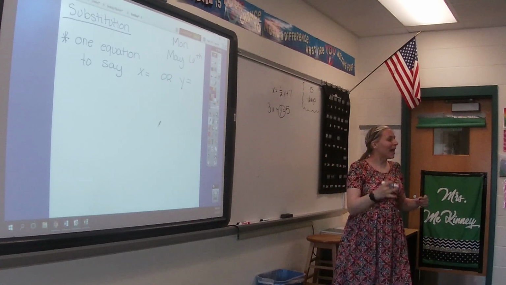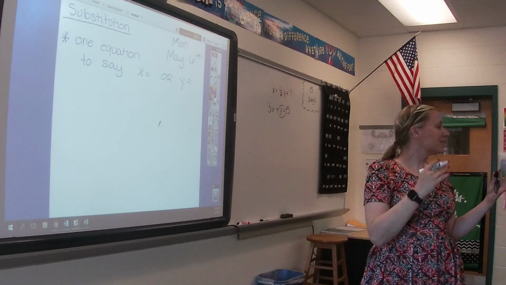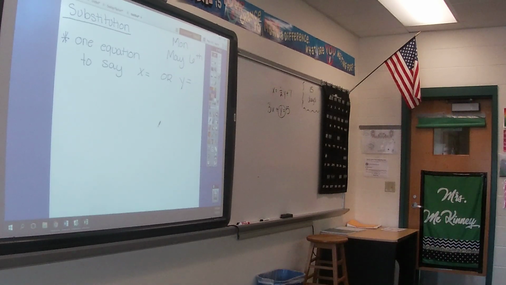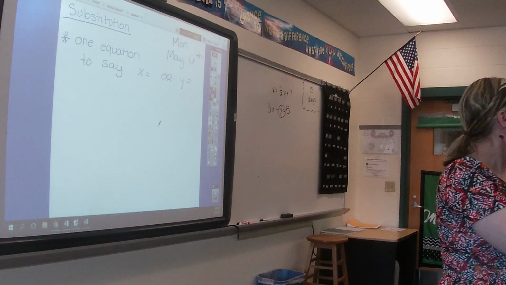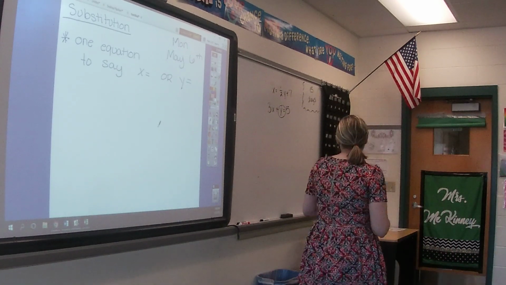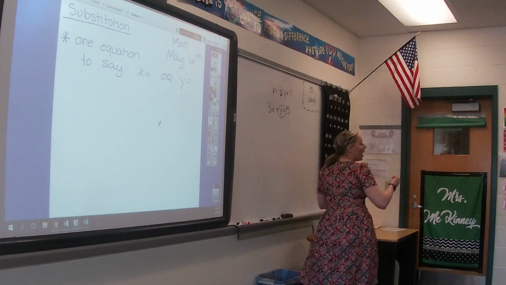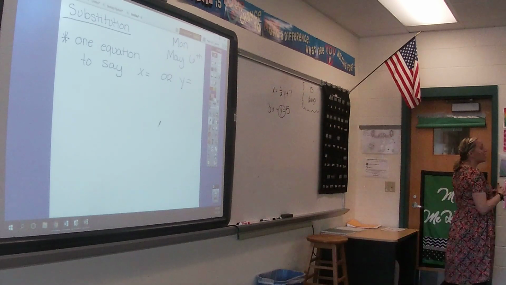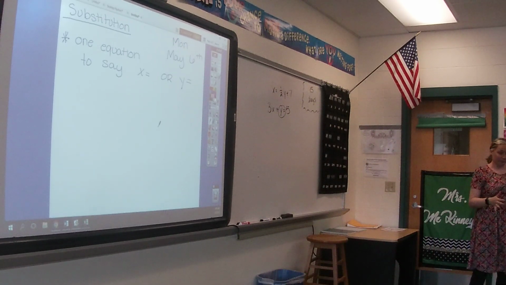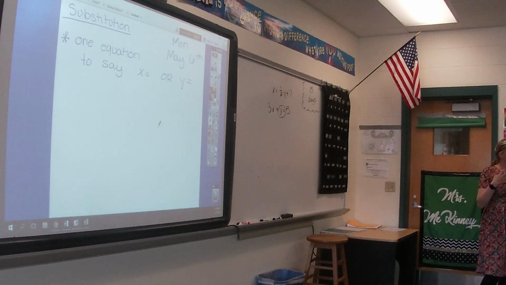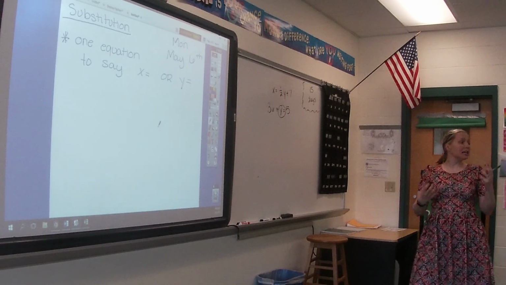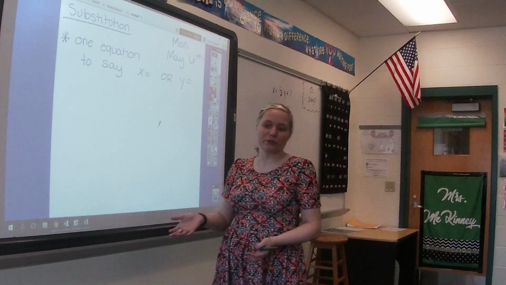For it to be x equals or y equals, we need x or y by itself on one side of the equal sign. So x or y equals means that it's by itself on one side of the equal sign. If we know that's the case, then substitution is usually pretty user-friendly.